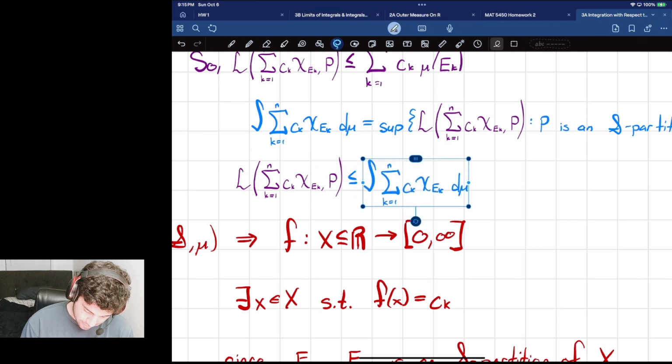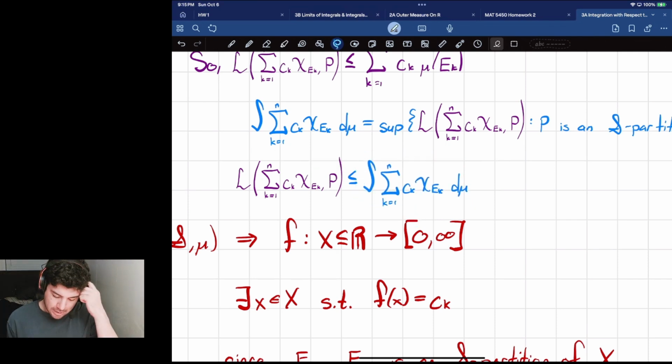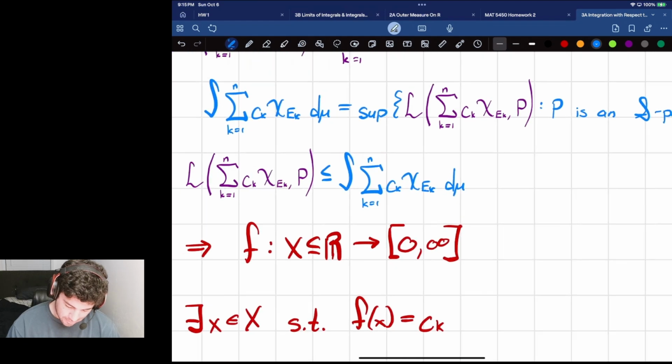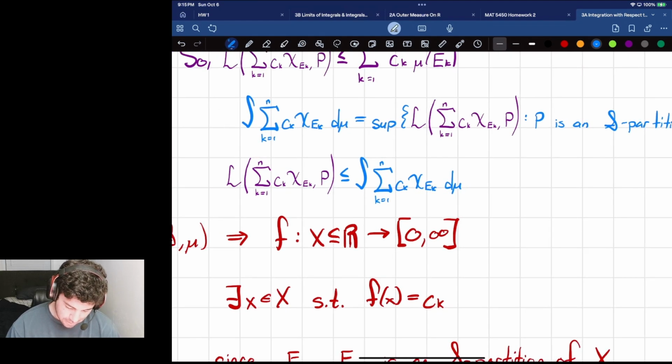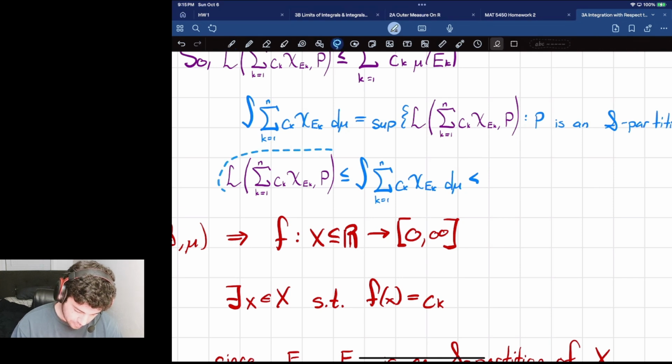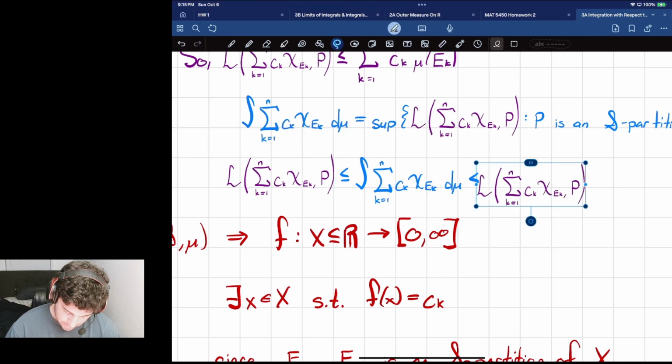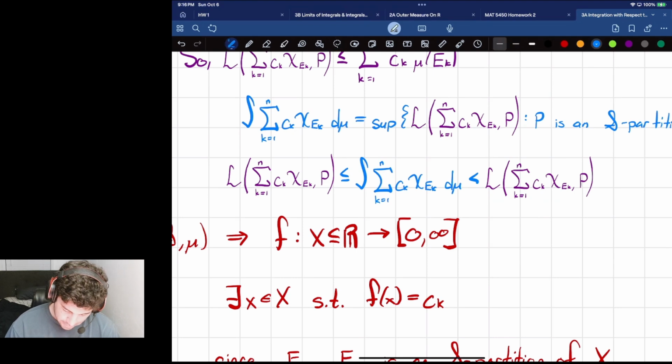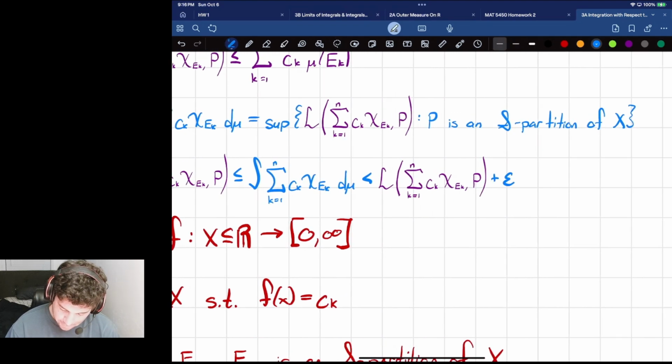But there's a theorem that basically tells you that there exists an element in the set, in this case the set of lower Lebesgue sums, such that this is greater than the integral minus some epsilon.